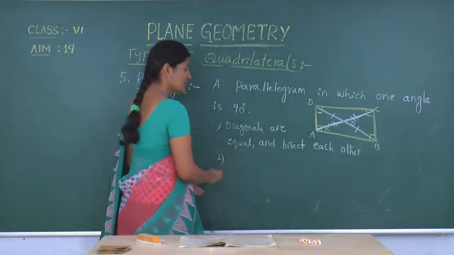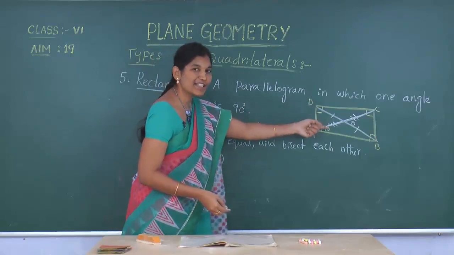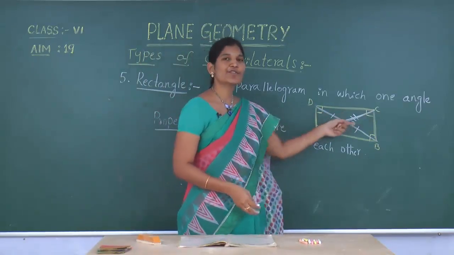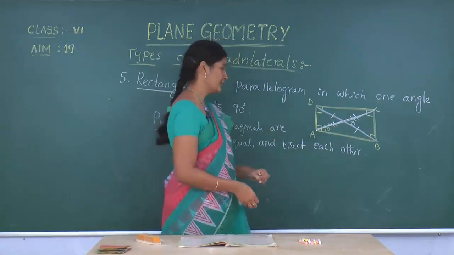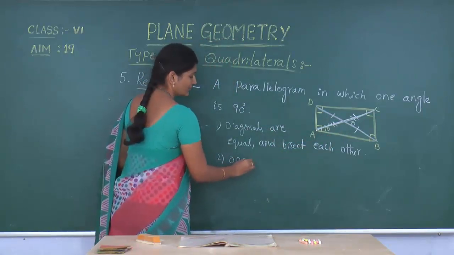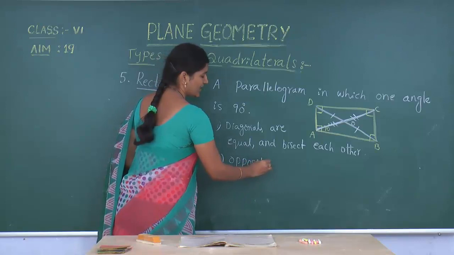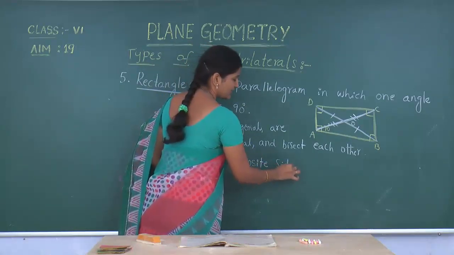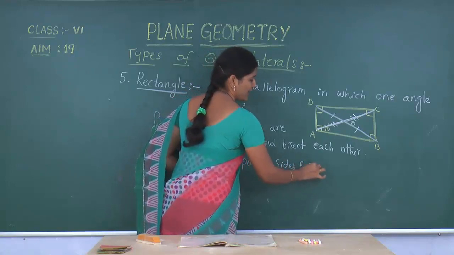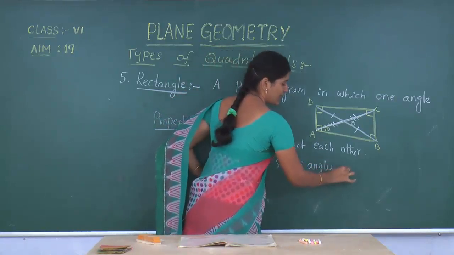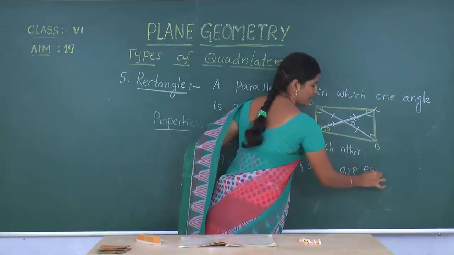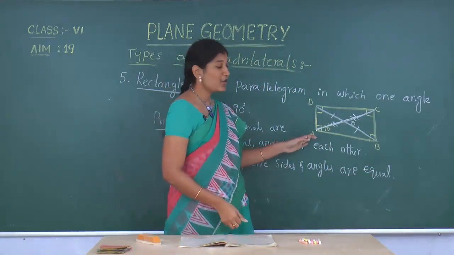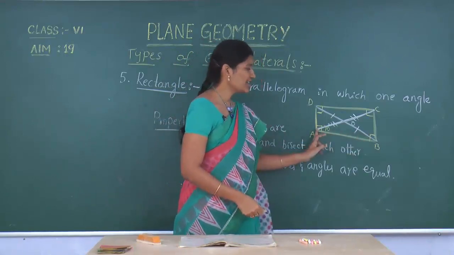The second property, we can say, opposite sides are equal, and opposite angles are also equal. And also we can say each angle is 90 degrees. Opposite sides and angles are equal in a rectangle. Now add the adjacent angles.